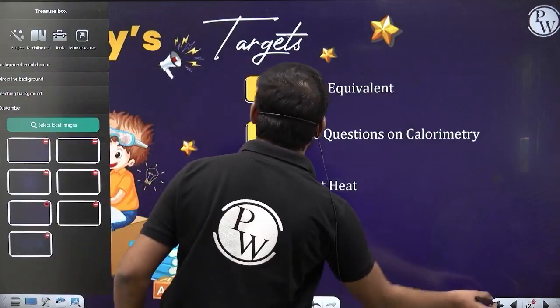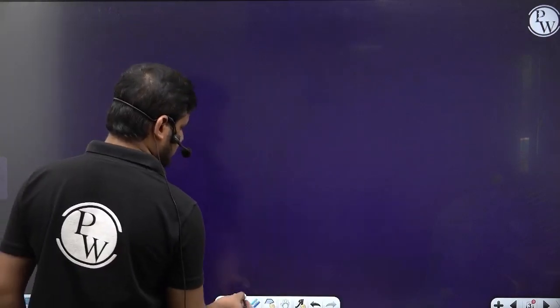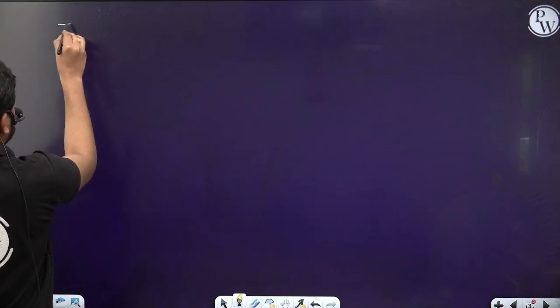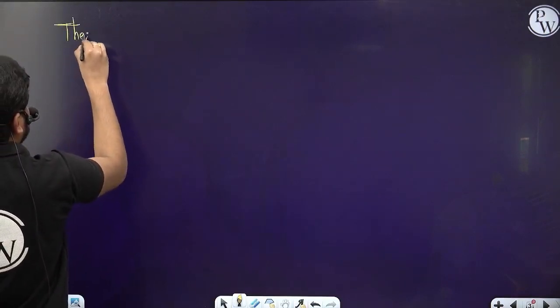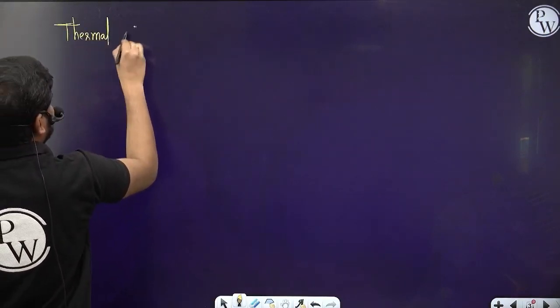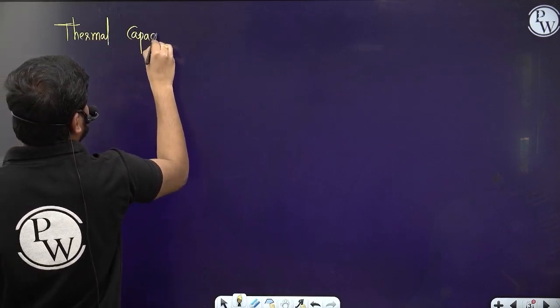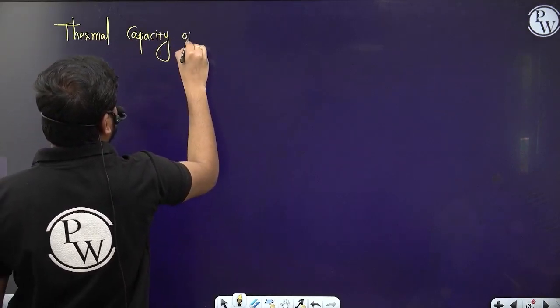Before going into today's concept, let's first see what is thermal capacity or heat capacity.